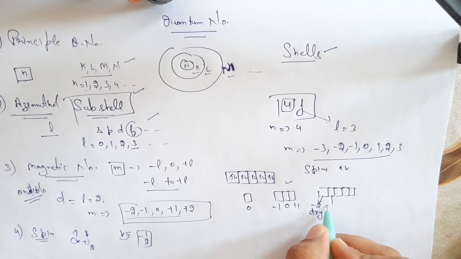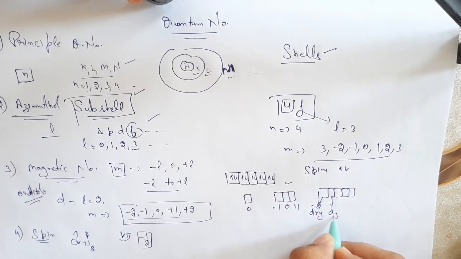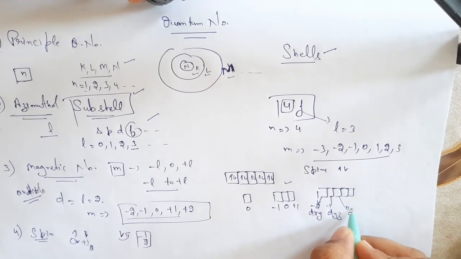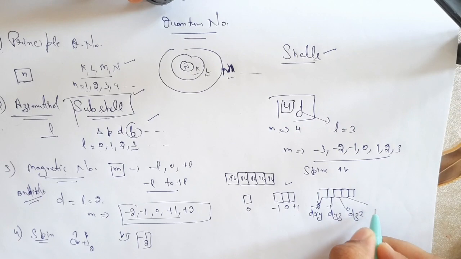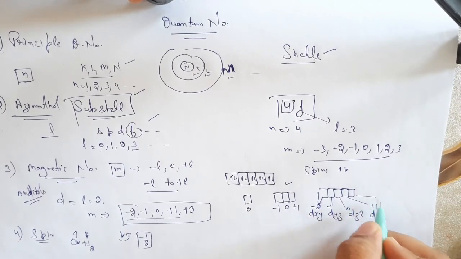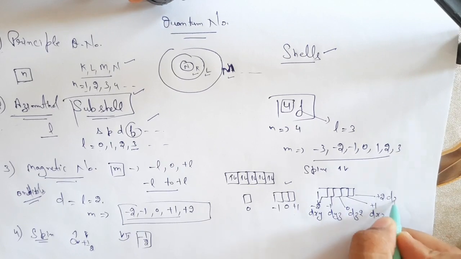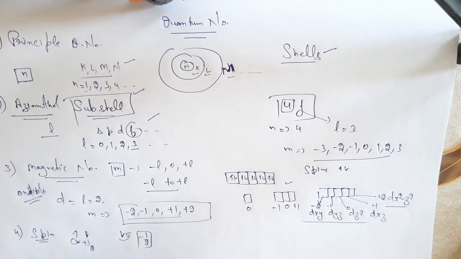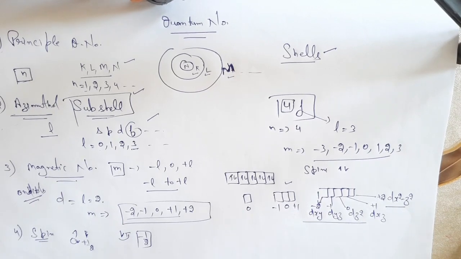For the second, minus 1, that is dyz, for 0 we have dz square, for positive 1, dxz, and for the last, that is plus 2, dx square minus y square. These various structures are dumbbell shaped, spherical, double dumbbell, etc. I will explain how these structures are made in the next video.